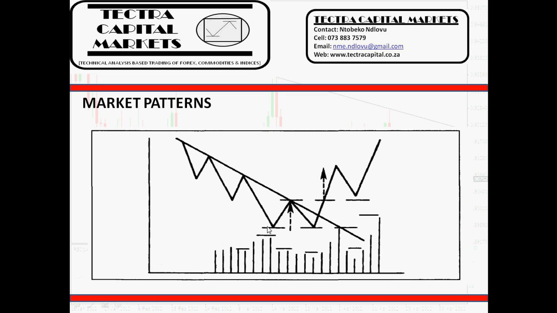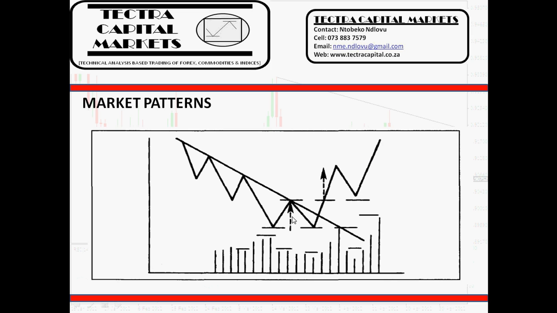So you can see that prices are finding a supportive area over there. This tells you that prices are now trying to reverse direction because they've lost the downward momentum. So you would wait for a break above that upper resistive point, as well as a break above this descending trend line, and once the prices pull back towards that supportive area, then you could buy that currency pair and make profit as it moves up.